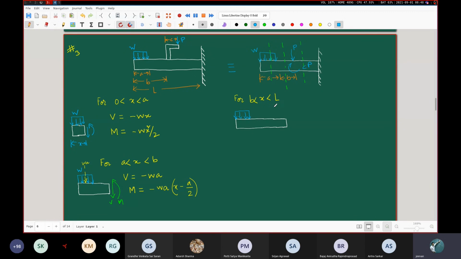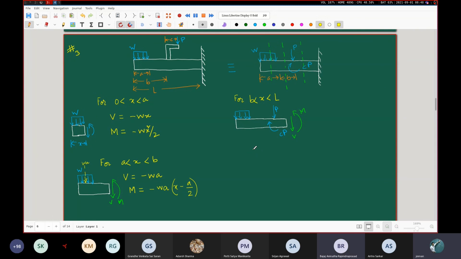Okay, so I have my P present somewhere here, and there is a couple of value CP also present here, and I have this force V here and this moment here. Now you tell me, what will be the expression for V?